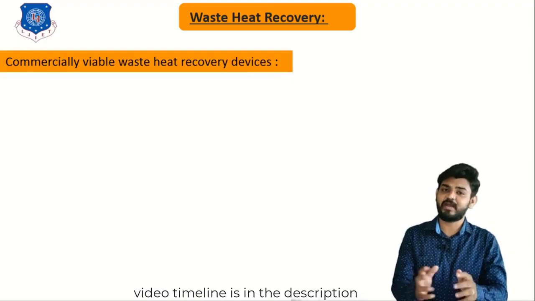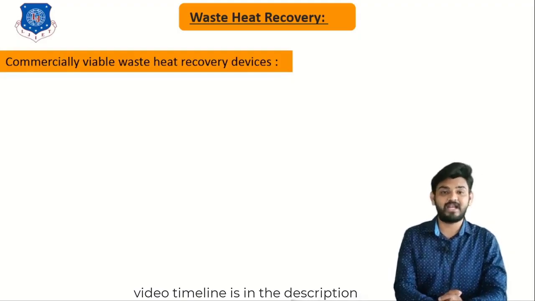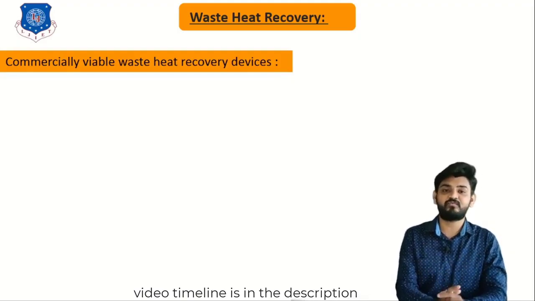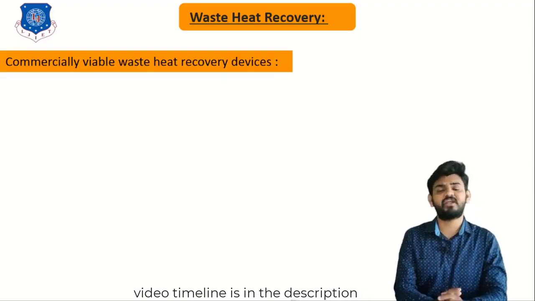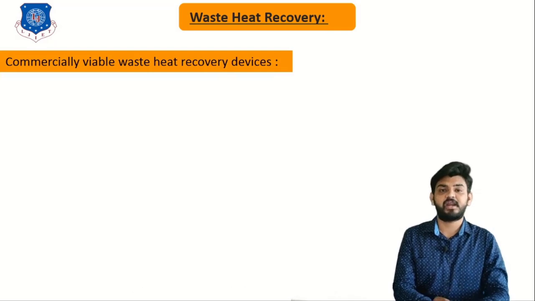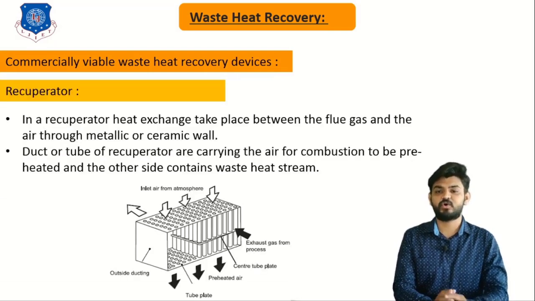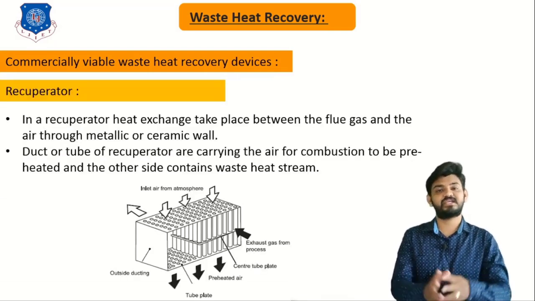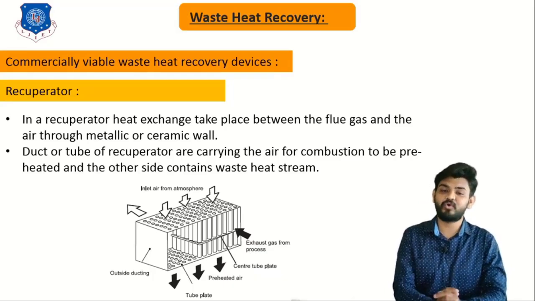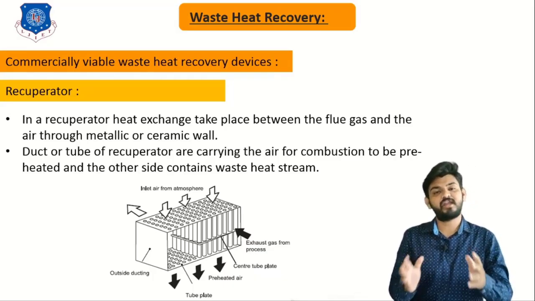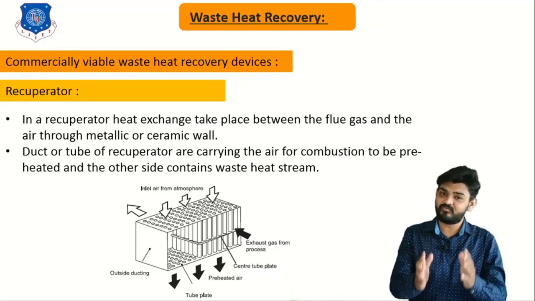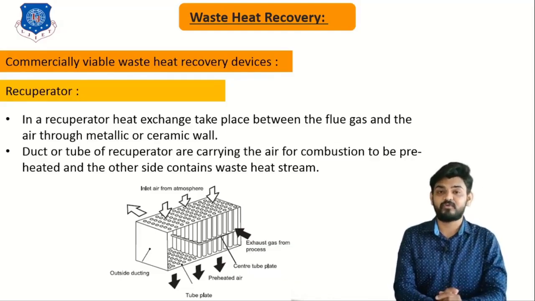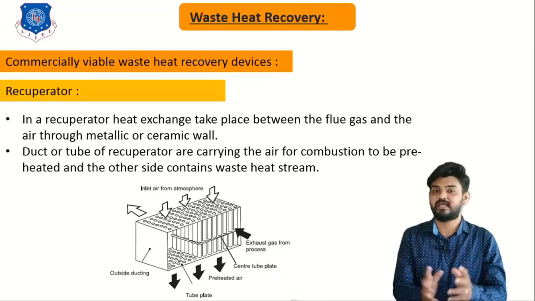There are different types of devices that can be utilized for the recovery of waste heat. The most known and very useful device is the recuperator. In a recuperator, heat exchange takes place between the flue gases and the air through a metallic or ceramic wall. Basically, this kind of device is made up of ceramic or metallic plates which exchange heat.